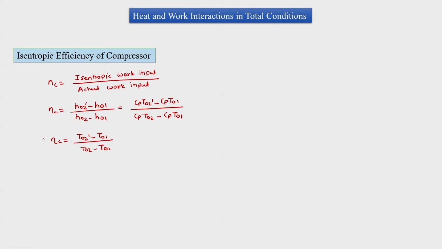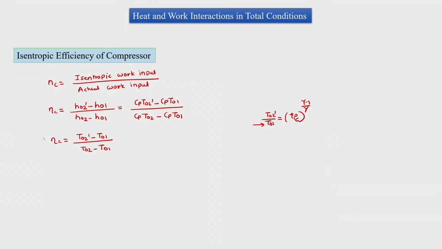So, as we know, we can always calculate T naught 2 dash knowing T naught 1 using isentropic relations: T naught 2 dash upon T naught 1 will be Rp for compressor, bracket raised to gamma minus 1 upon gamma.